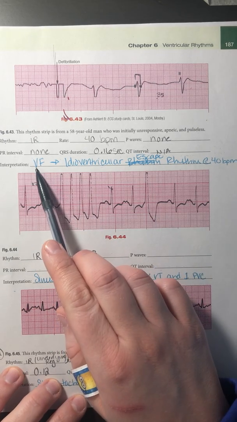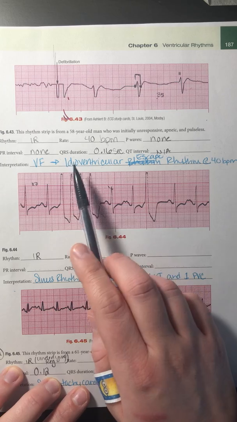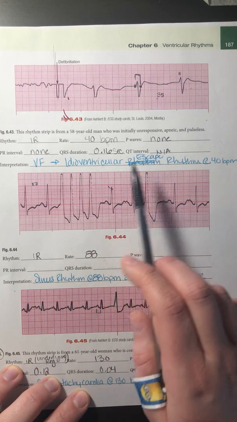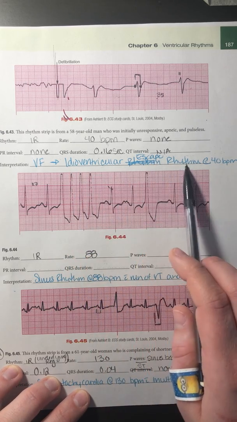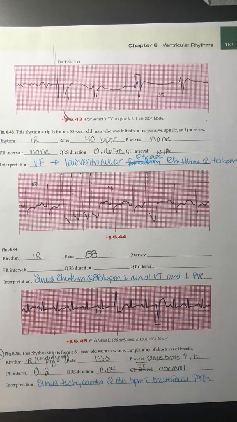So I have ventricular fibrillation into idioventricular escape, or you can just call it ventricular escape rhythm, at 40 beats per minute. It's just going to be ventricular escape because it has the regular intrinsic rate of the ventricles. So it means our pacemaker escape has escaped to the ventricles because it's between that 20 to 40 beats per minute.